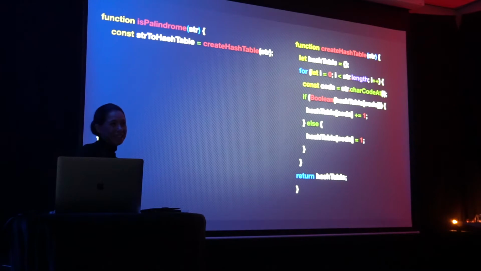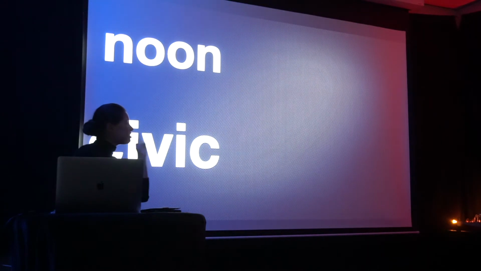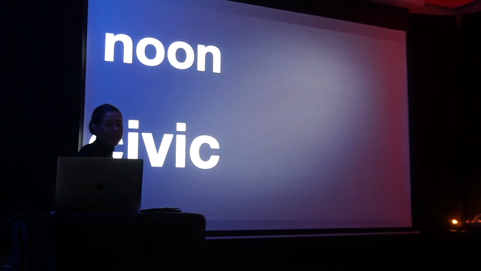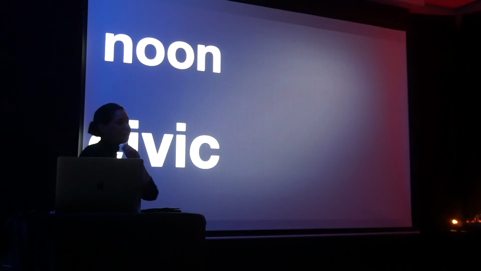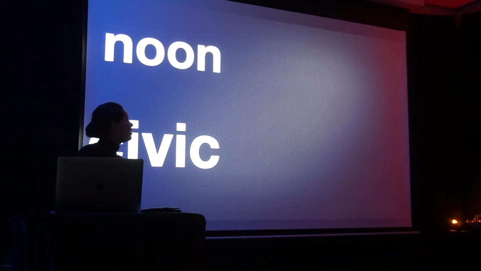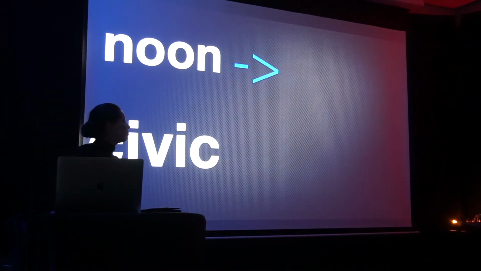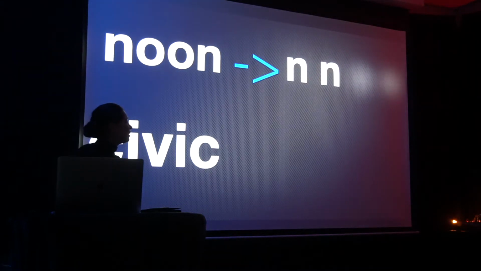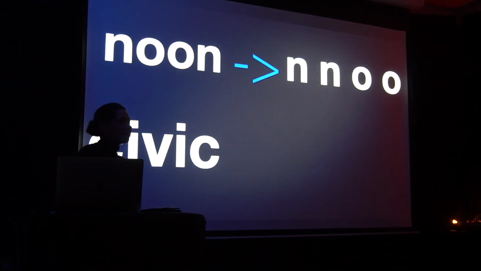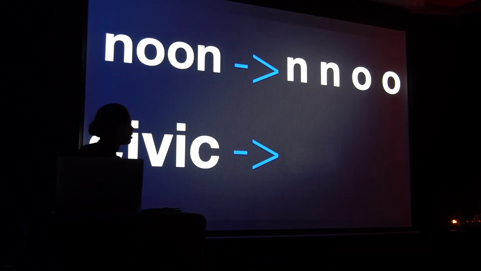But let's take a look at an example, and we can see something interesting. There are two palindromes, and look at the magic. If we rearrange the letters a bit, what will we see? It's a pair, and look here.